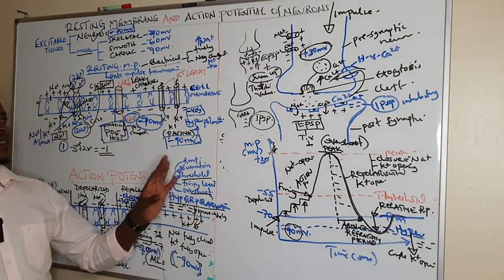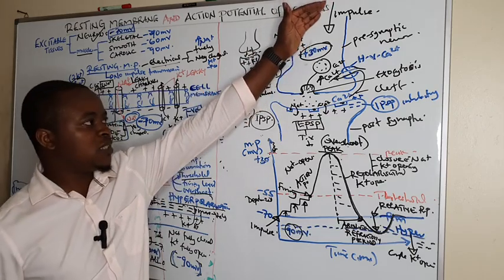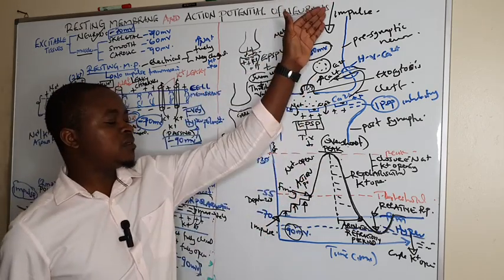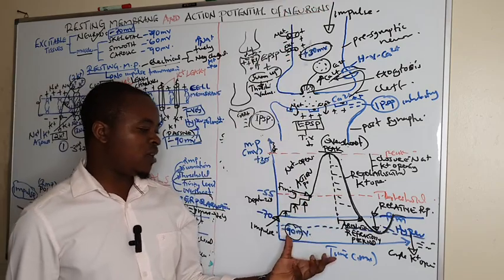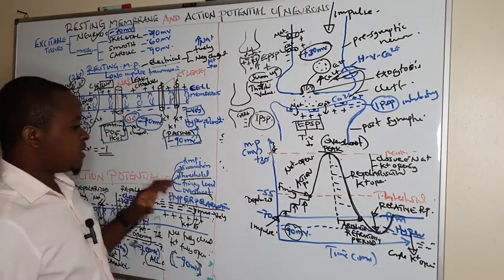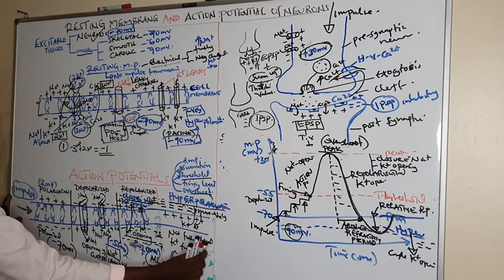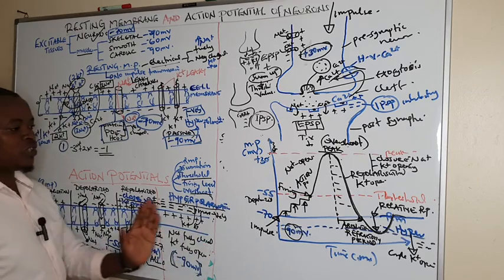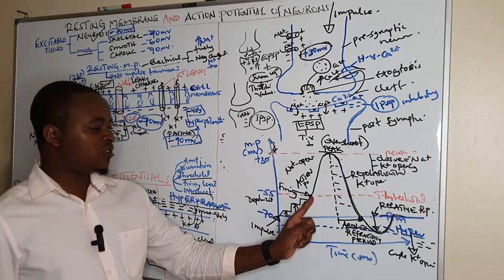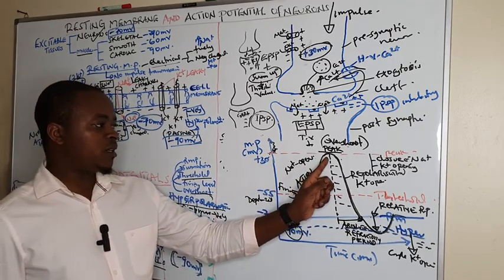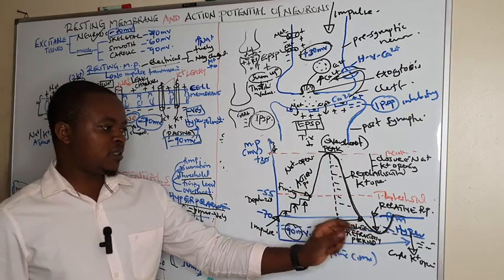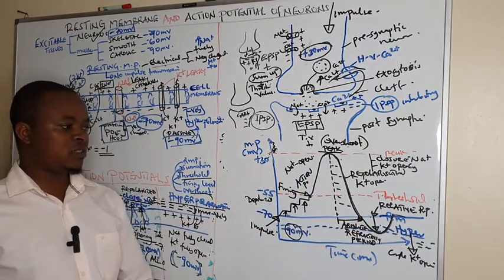And we have seen how an impulse is transmitted across the synapse. Then we ended with the graph summarizing what we have explained here, showing the threshold value, the peak, and the repolarization state together with hyperpolarization.